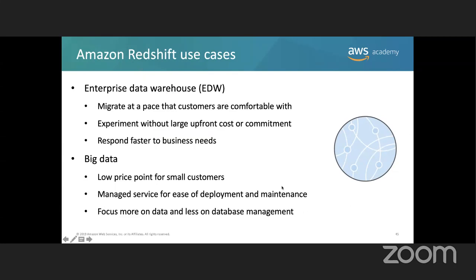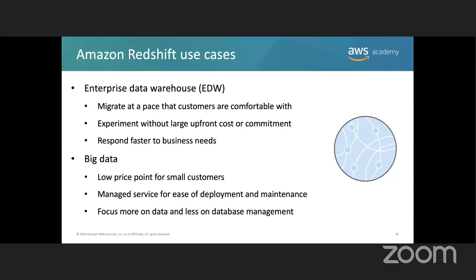So many customers migrate their traditional enterprise database and data warehouses to Amazon Redshift with the primary goal of agility. So they want to make their warehouse faster. Right? Customers can start at whatever scale they want and experiment with the data without needing to rely on complicated processes with their IT departments to procure and prepare their software.